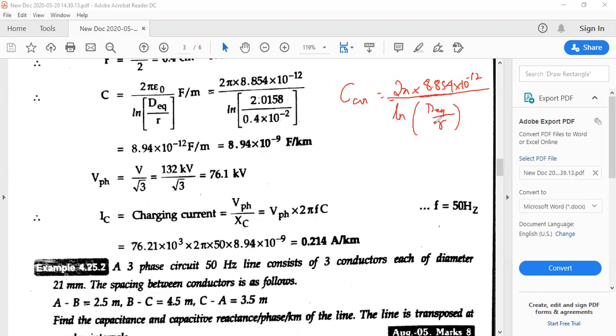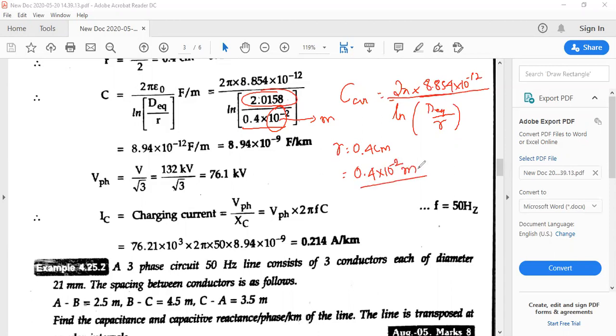D equivalent you will find out as 2.0158. The radius is expressed in centimeter, so it is 0.4 centimeter, and you can write it as 0.4 into 10 power minus 2 meters.